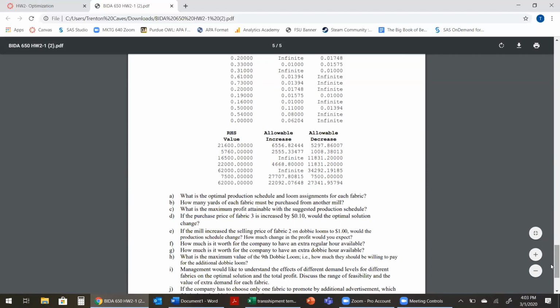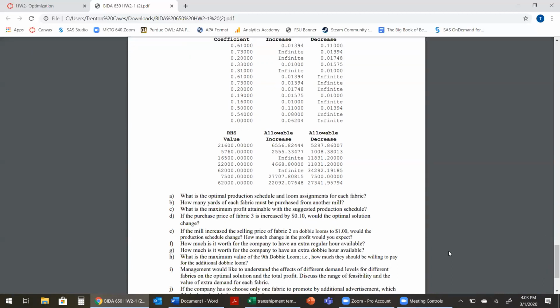Okay, question D. If the purchase price of fabric 3 is increased by 10 cents, would the optimal solution change? So that's looking at Y3, because we're purchasing fabric 3, not producing fabric 3.